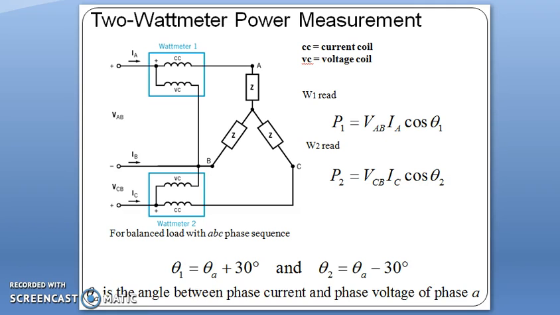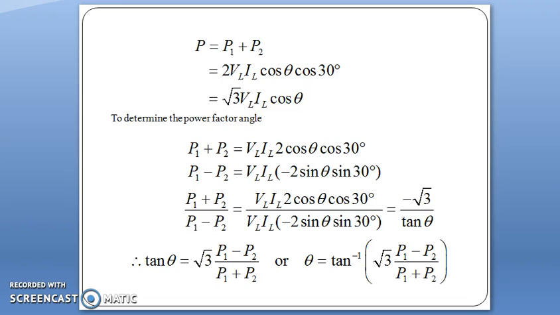Theta A is the angle between the phase current and the phase voltage of phase A. The basic mathematical equation has been derived in this slide, and we get the result as follows: P equals P1 plus P2 equals root 3 VL IL cos theta.